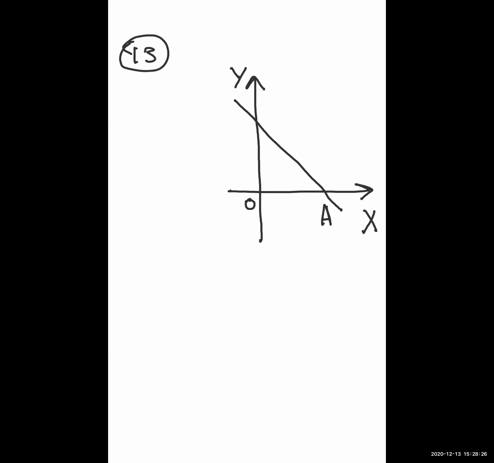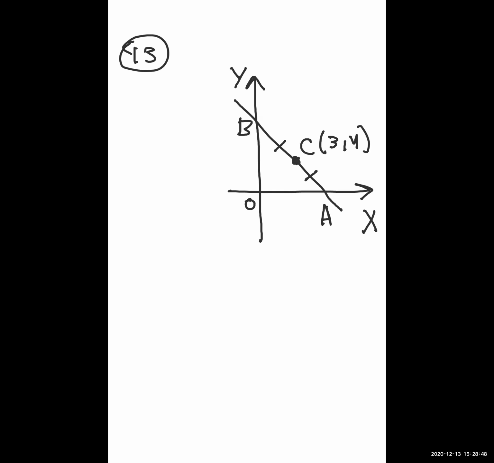This one is A and this point is B. And here C is the midpoint, which is (3, 4). Midpoint means this one equals this one. So C is the midpoint of AB.